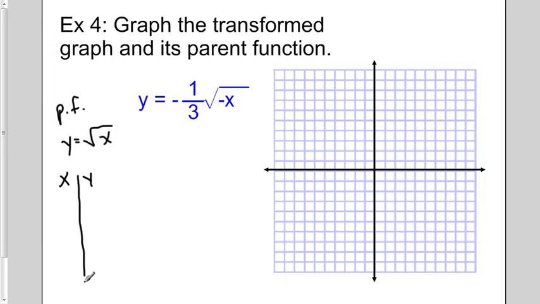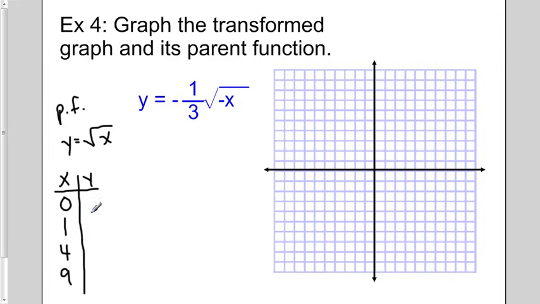And then we don't want to use -2, -1, 0, 1, 2, because if we do the square root of negatives, we get imaginary numbers. So let's start with 0. Let's go to 1, and then I'm going to do 4 and 9, just to get some nice whole numbers here.